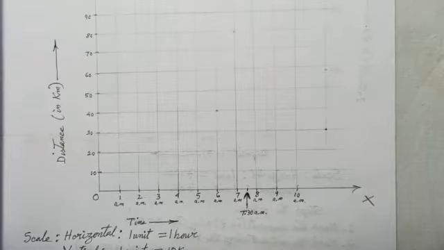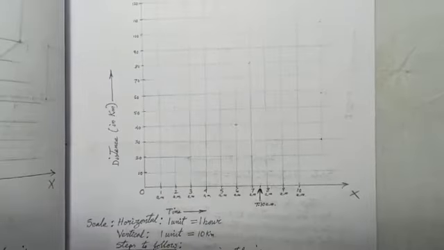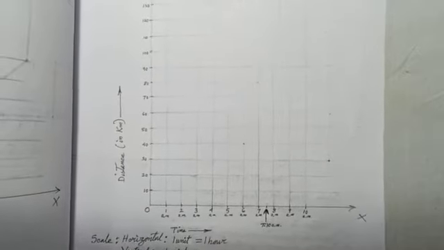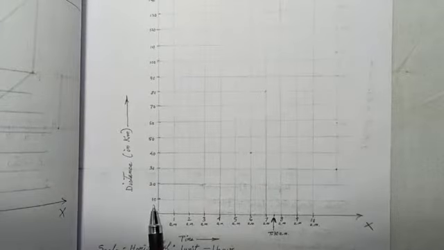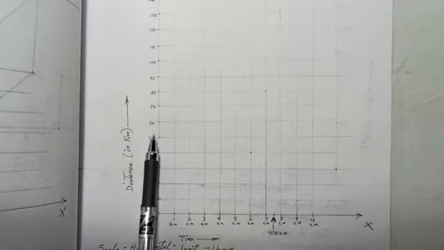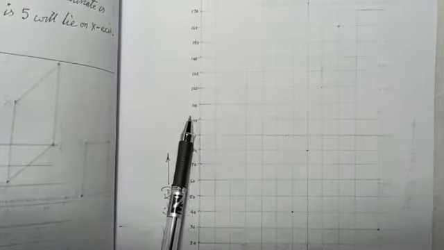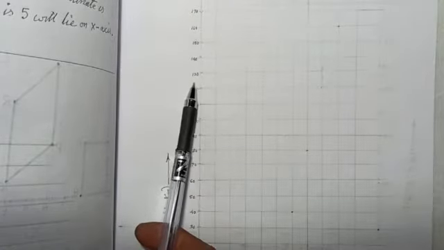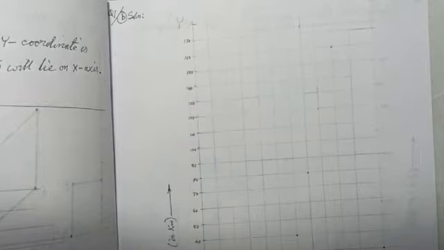Then on the y-axis, this is distance in kilometers. This is 10 kilometers, 20 kilometers, 30, 40, 50, 60, 70, 80, 90, 100, 110, 120, 130, 140, 150, and 160 are marked.